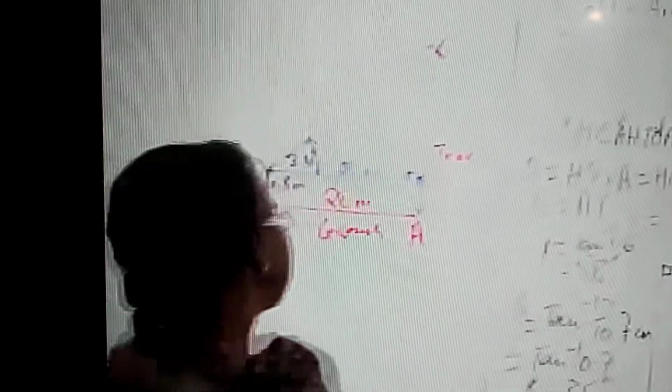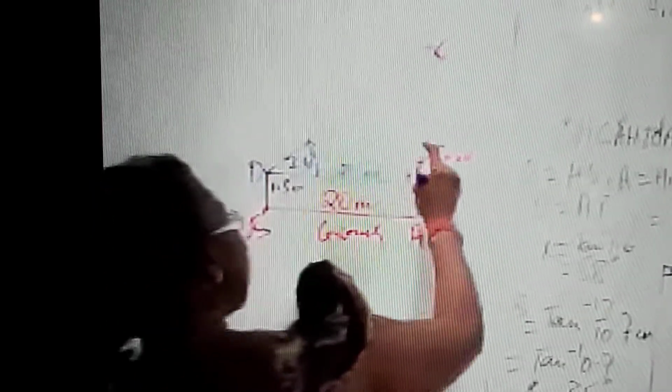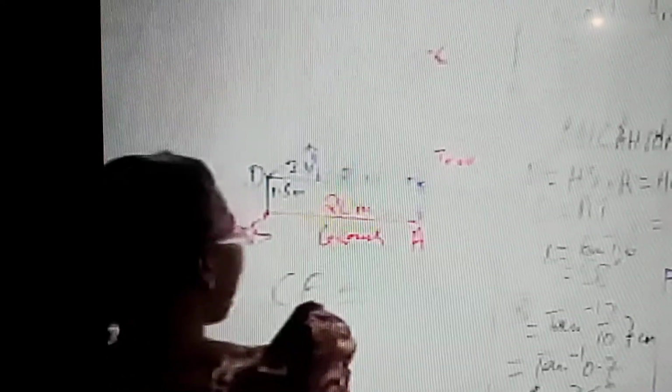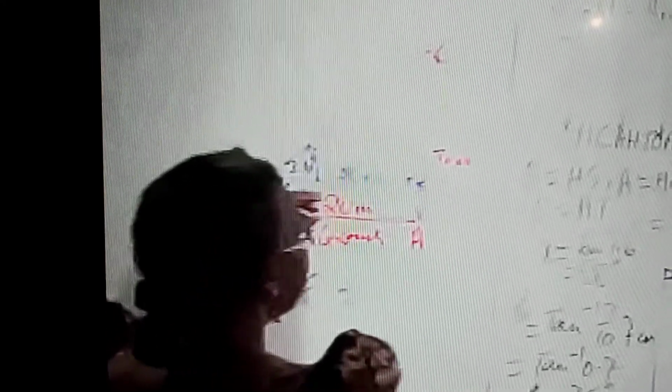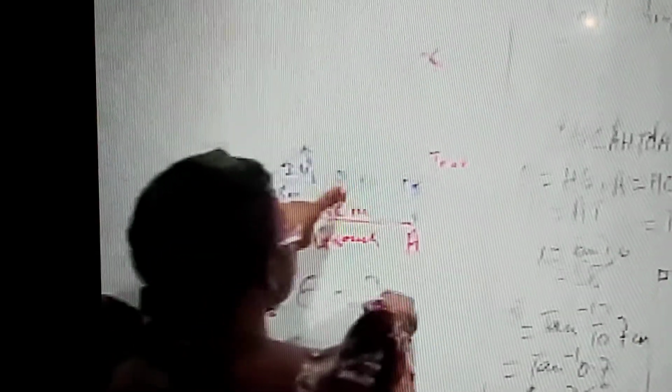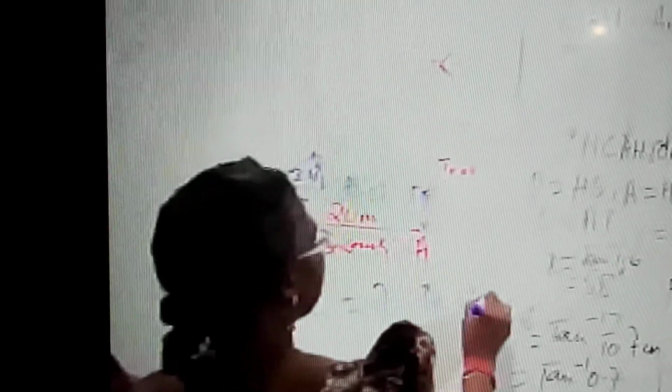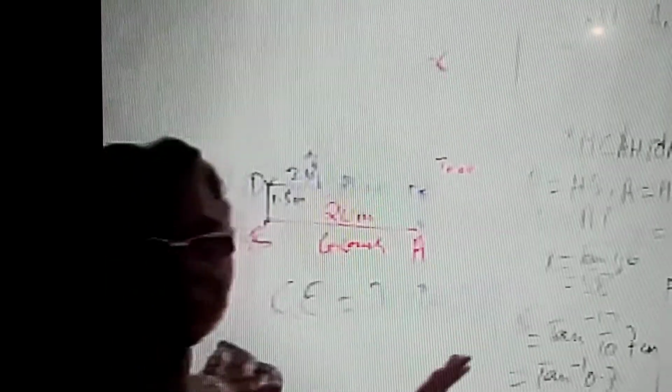O is equal to AT. So what we want here, CE is equal to adjacent times tan, which is 20. The adjacent is 20 and the angle is what? 24. That is all.